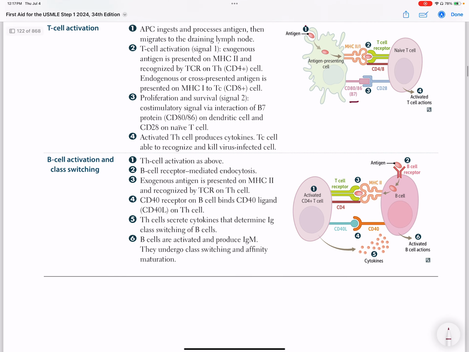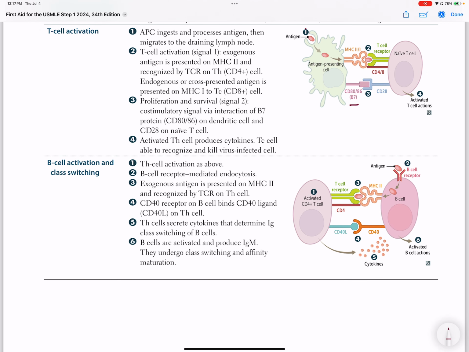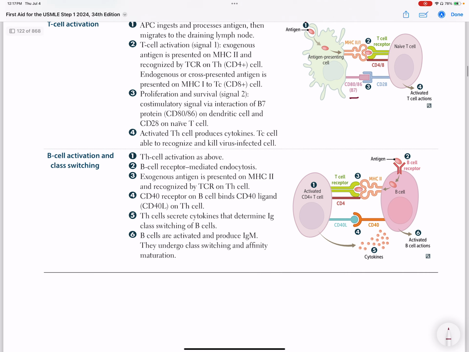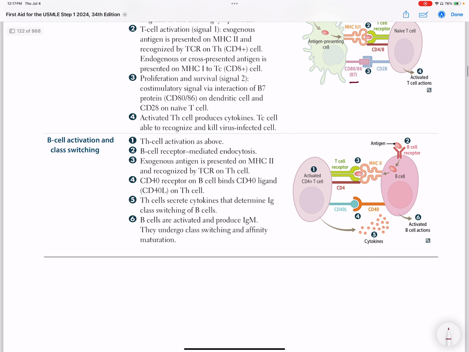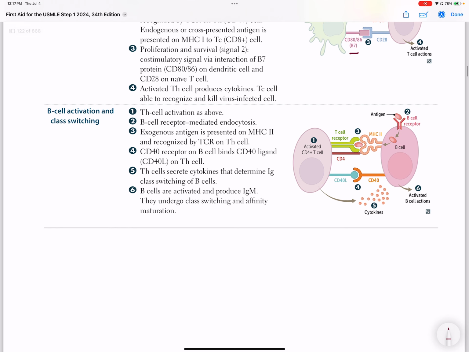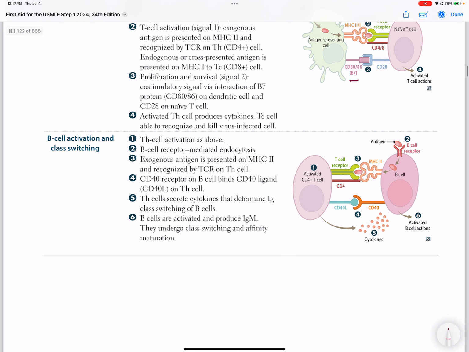Now coming to the B cell activation and the class switching. The whole T cell activation is the same thing: MHC2 or MHC1, first CD4 or CD8, and then you have CD28 on the naive T cell and CD80/86 on the dendritic cell. Now, the B cell receptor mediated endocytosis.